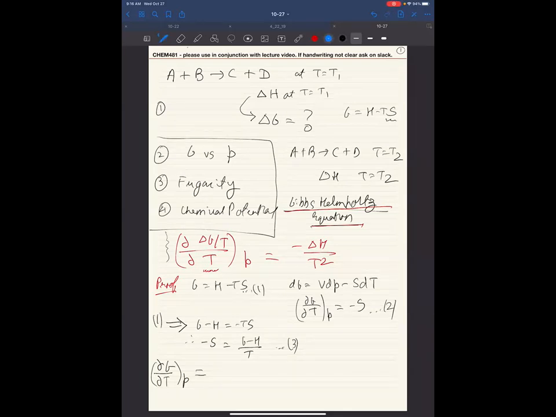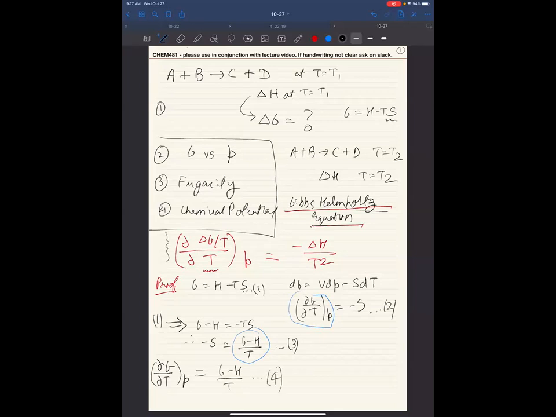Partial G by partial T at constant P is minus S, right? And we just showed that minus S is equal to G minus H by T. Therefore, partial G by partial T at constant P is equal to G minus H by T, right? This is equation number 4.